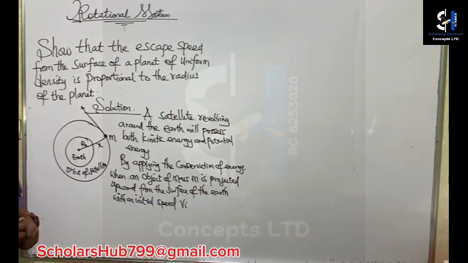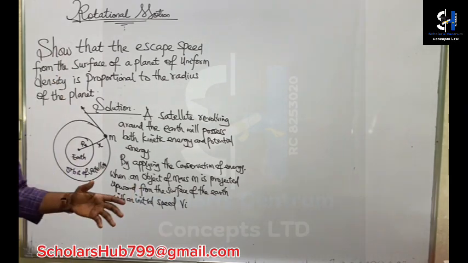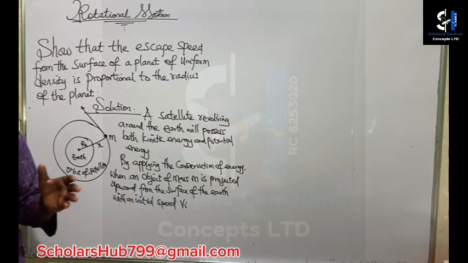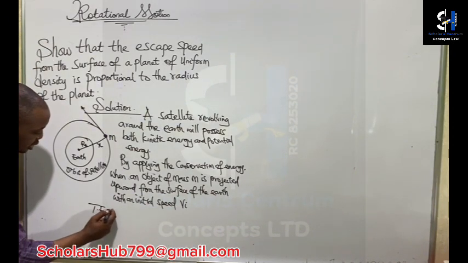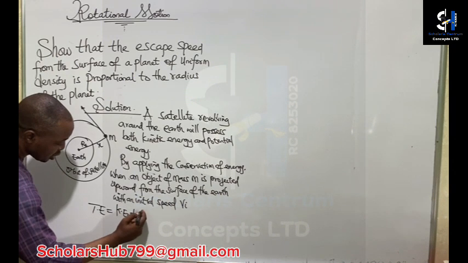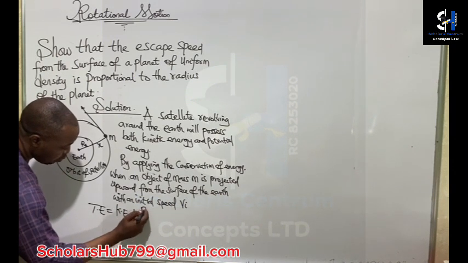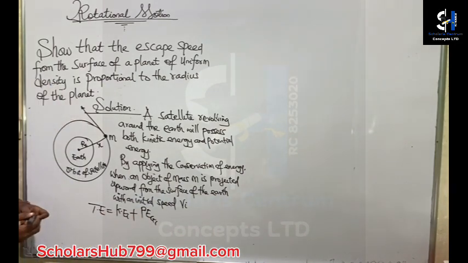So the final velocity will be equal to 0. According to the principle of conservation of energy, the total energy is equal to the initial kinetic energy plus the initial gravitational potential energy.